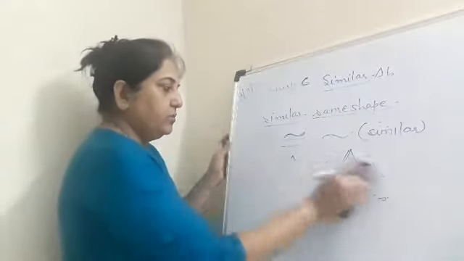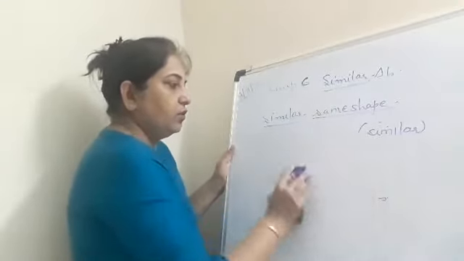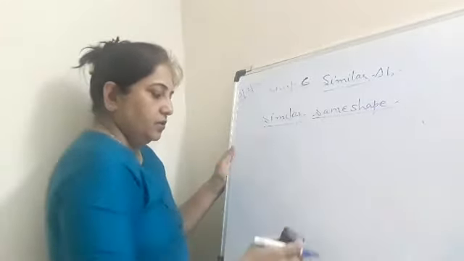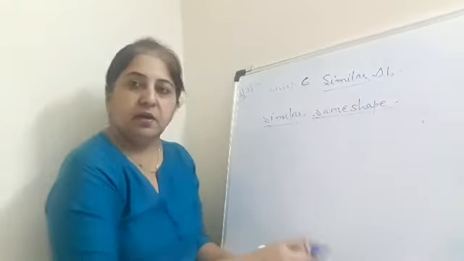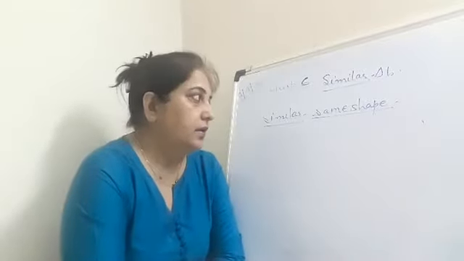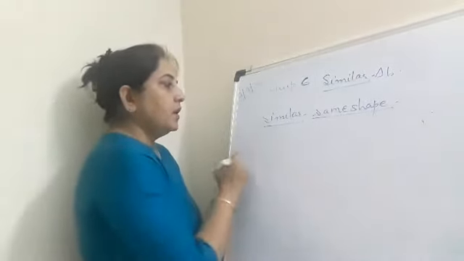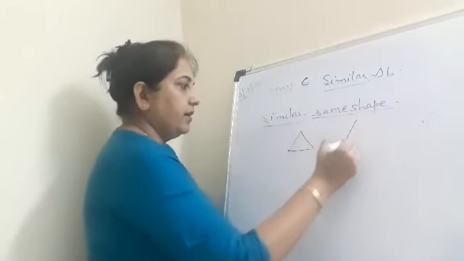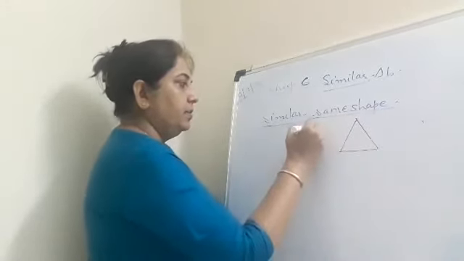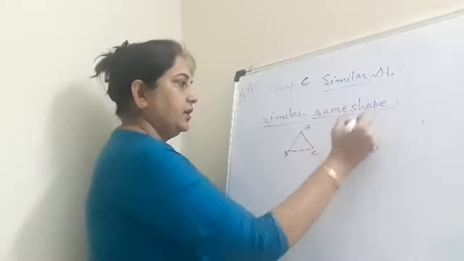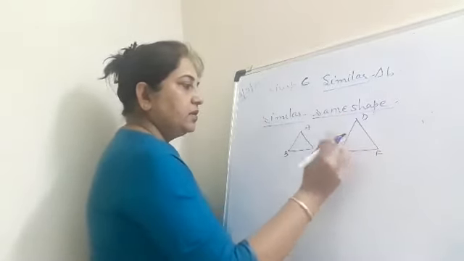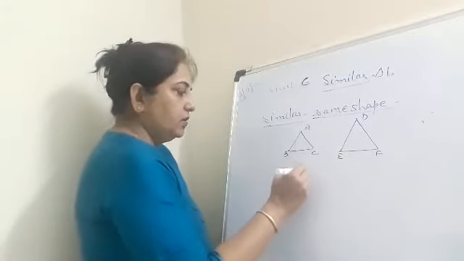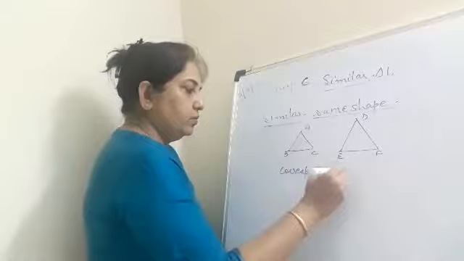Now, because we are going to focus only on geometric figures and mainly on triangles, we are going to mainly talk about similar triangles. If I take triangles ABC and DEF, because we have already studied congruence, you know the meaning of the word corresponds to.